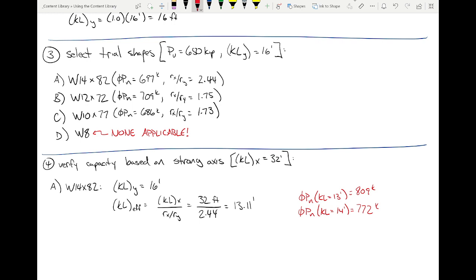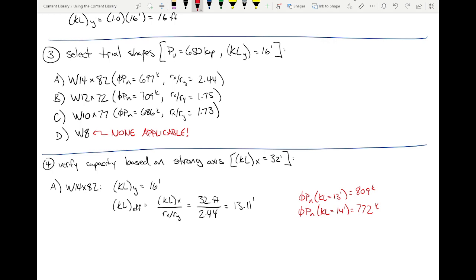Because what did I tell you I wanted you to have fixed in your head? This number right here. This is how much our column has to support. And I don't care what your linear interpolation yields. It will be somewhere between these two values, and if it's somewhere between these two values, I don't care what it is, it's bigger than that. So is the W14 by 82 a viable section?